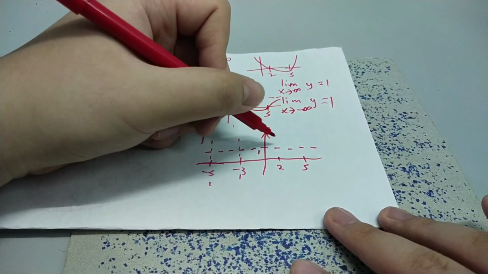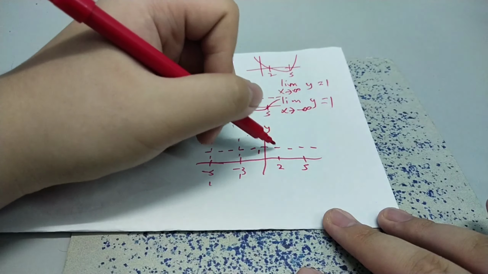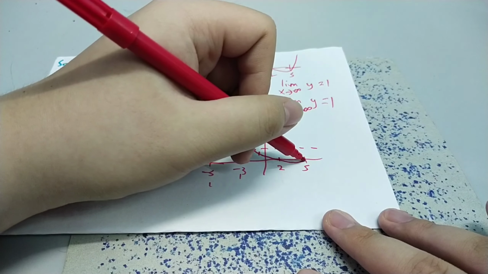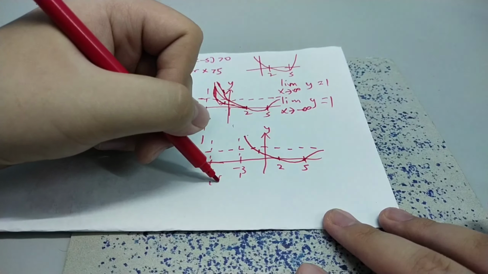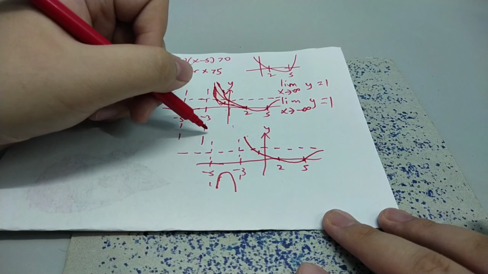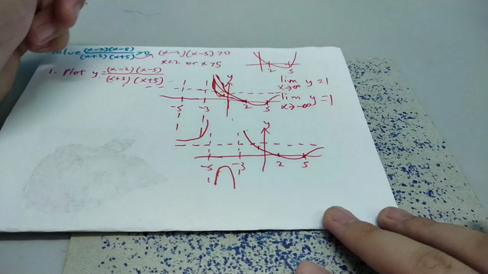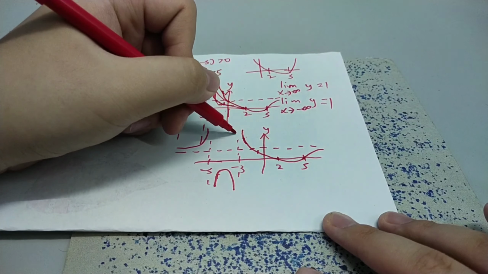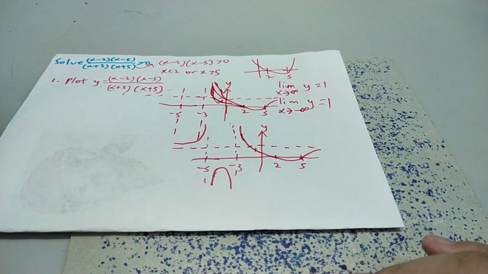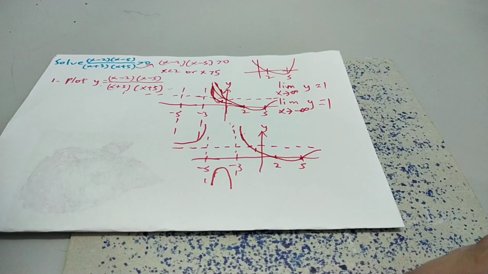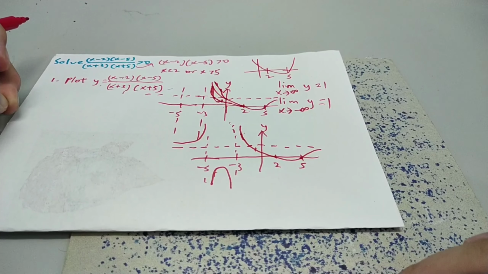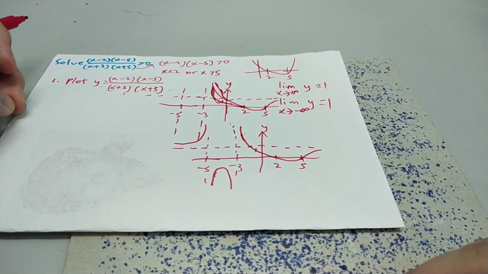And then we are just going to plot the graph, so you will get something like this. And this is the graph of x minus 2 times x minus 5 over x plus 3 times x plus 5. Oh my god, this is quite hard to plot.